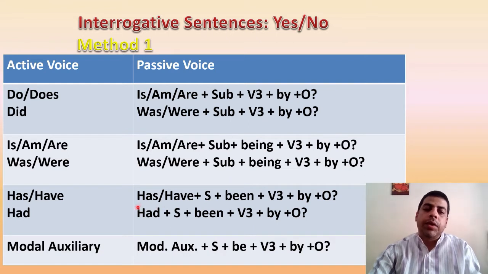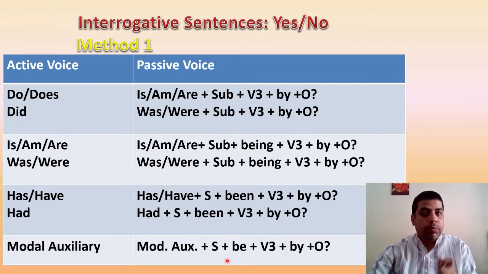Simply begin with had, plus subject, plus been, plus V3, plus by, plus object. When we talk about simple future, a modal auxiliary will be there: will or shall, or can or may in other cases. In that case, begin with the same modal auxiliary, plus subject, plus be, plus V3, plus by, plus object.